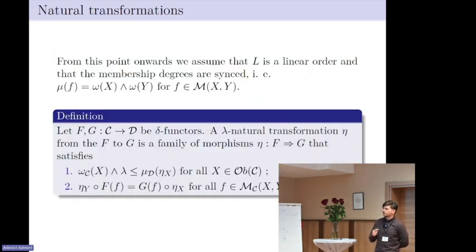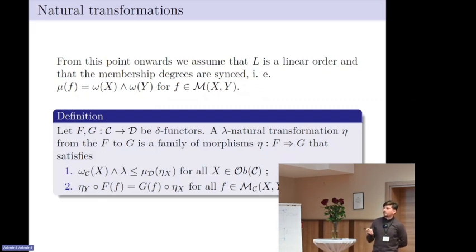Now, to get to adjoint functors, we have to make a pit stop at natural transformations. Since natural transformations are just morphisms between functors in the functor category, it should come as no surprise that the condition we additionally ask on natural transformations is quite similar to the one with functors.